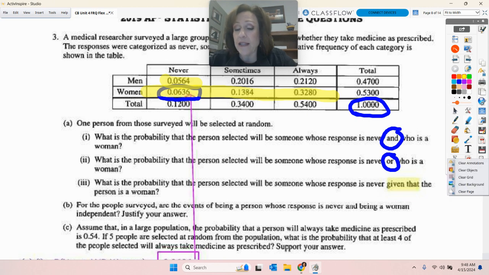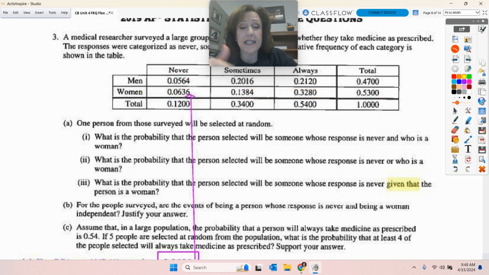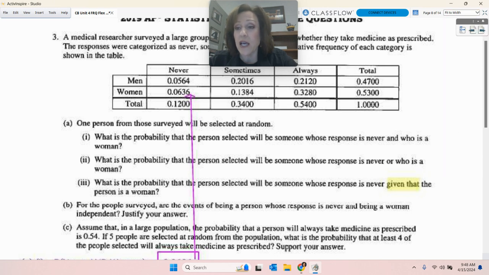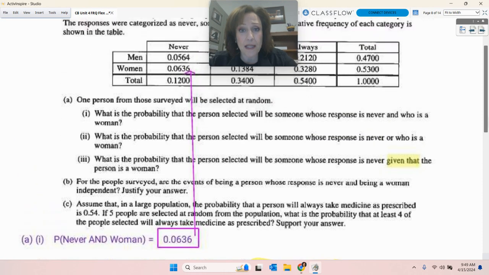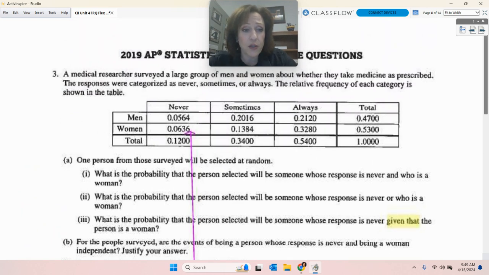Okay, the other way that it could happen, and this comes from the formula chart, which I don't have handy to show you, but coming from the formula chart, that comes from the probability of A plus the probability of B minus the overlap. And so I want to demonstrate that to you here. So probability of A, 0.53, plus the probability of B, 0.12.